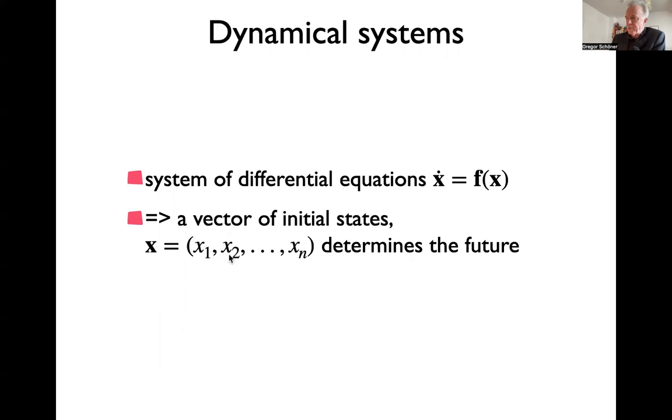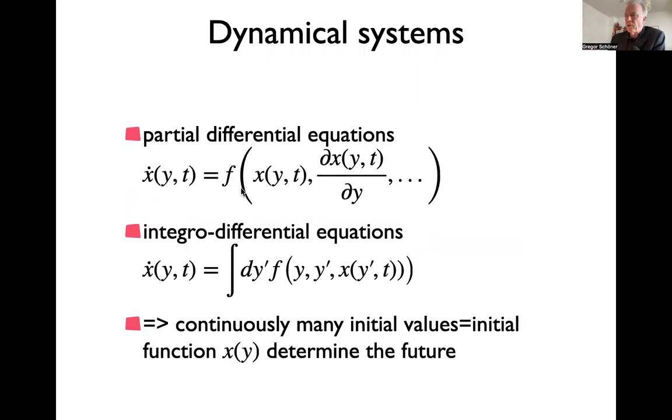If you have continuously many variables, so these are not discrete indices, but the index becomes a continuous variable, like for every location in space, you have an electrical field or electrical potential. Then you get a differential equation where the variable depends not just on time, but also on these other variables.